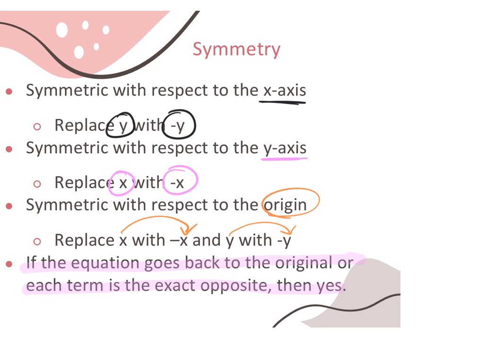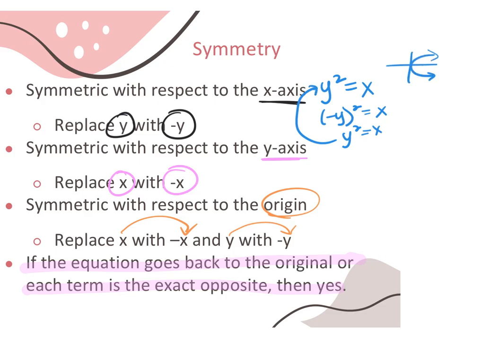So for example, with respect to the x-axis, I could get y squared equals x. If I took a negative y and I plugged it in and I squared it, what happens to that negative? It goes back to positive, and that equation would equal the original. So if you remember, this is a parabola turned on its side.